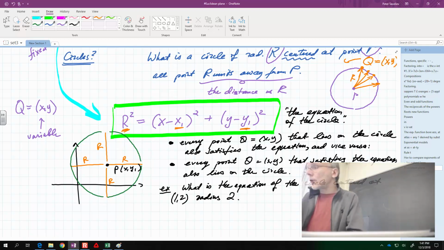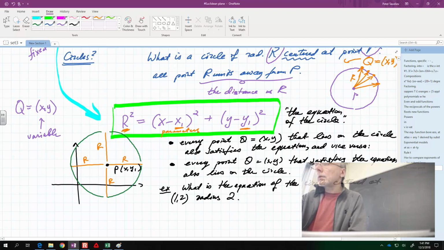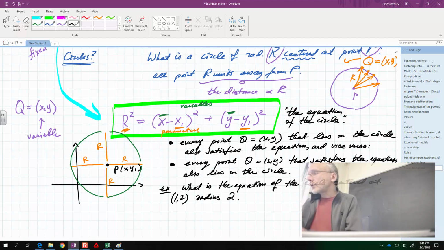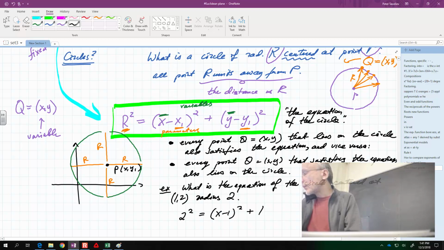Those three parameters, and the variables are what's left. The variables are to be preserved, since it's going to be an equation with respect to x and y. So just plug it in: 2 squared is equal to x minus 1 squared plus y minus 2 squared.